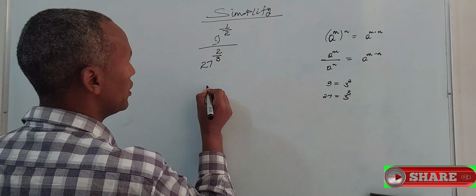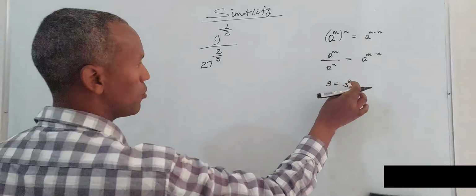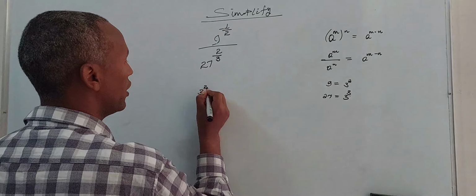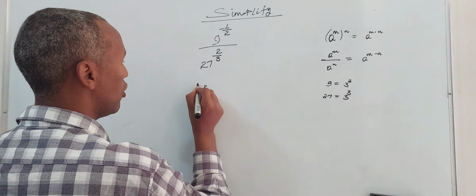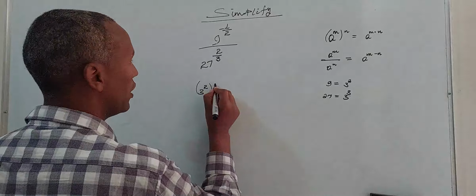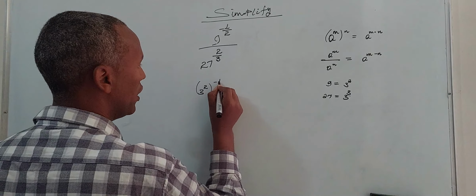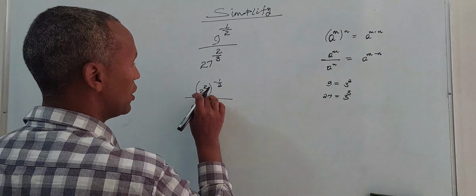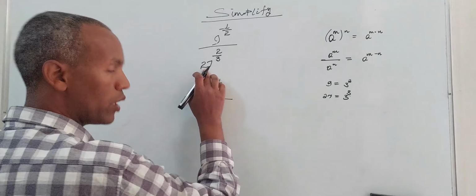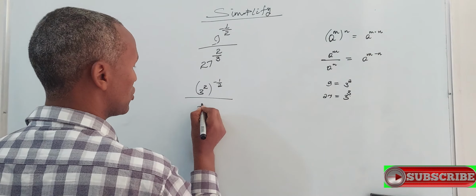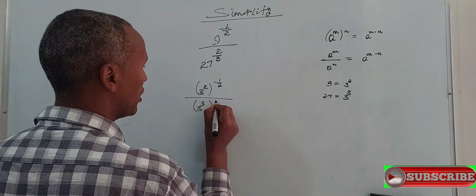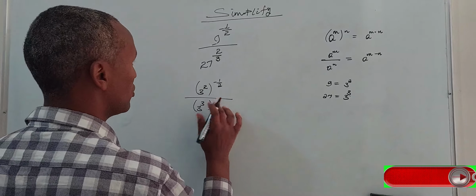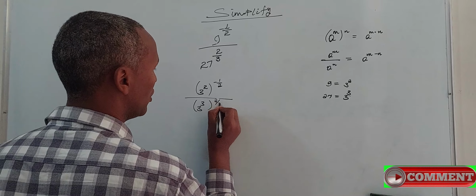So you can plug this in terms of 3: 9 becomes 3 to the power of 2, in brackets, multiplied by the power of 1 upon 2. And 27 means 3 to the power of 3, in brackets, to the power of 2 upon 3.